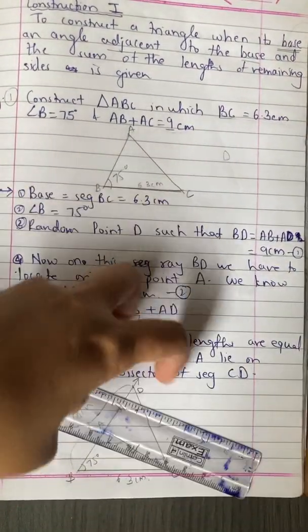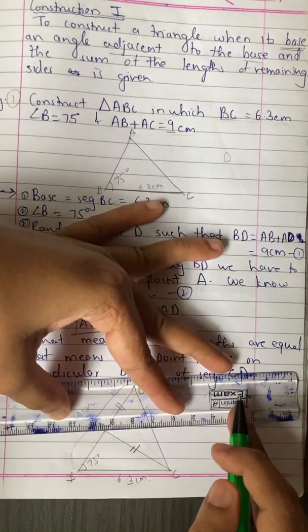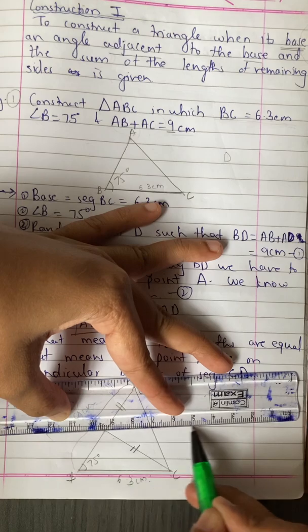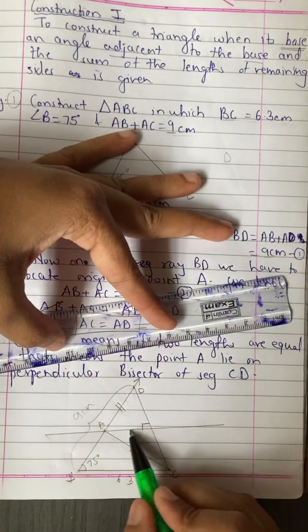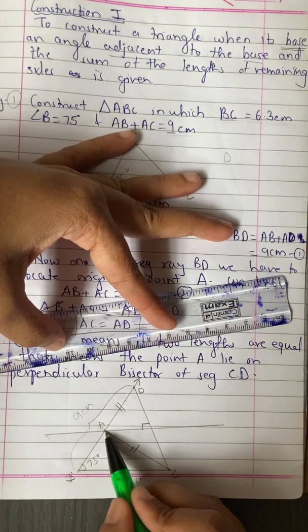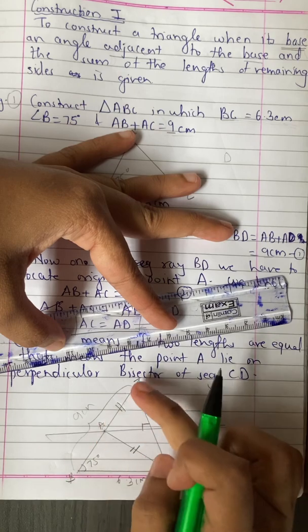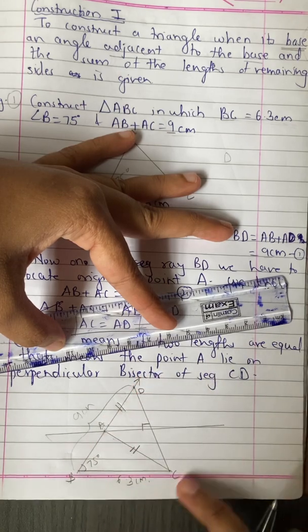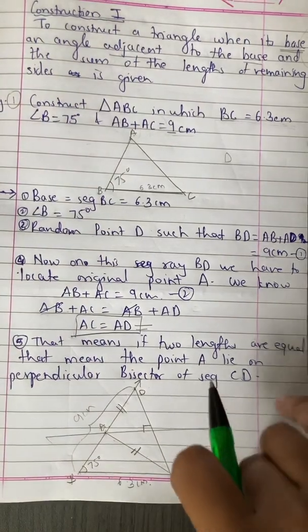I can draw the perpendicular bisector of segment CD like this. This rough figure need not be accurate. So point A lies on the perpendicular bisector, which is why the distances from A to D and from A to C are of equal length. Now I'll show you how to draw the fair figure.